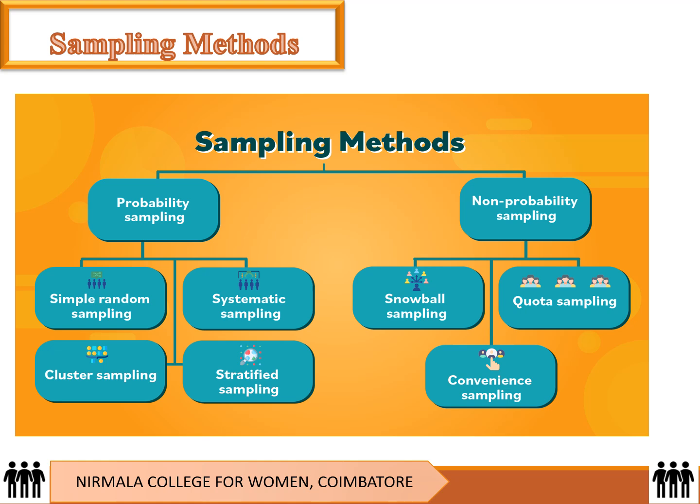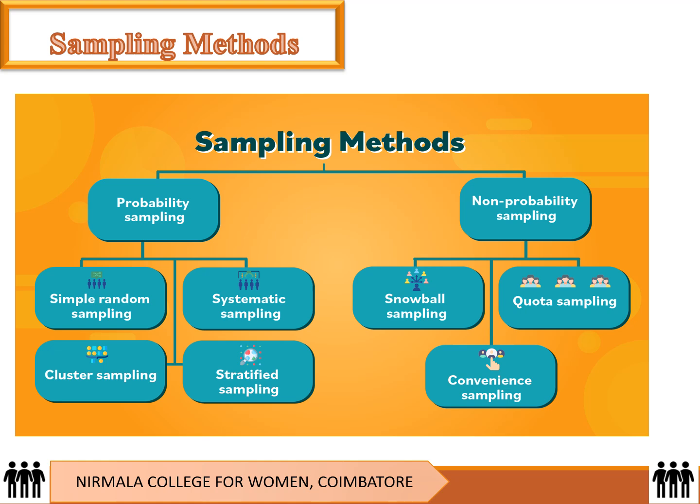Non-probability sampling is a technique in which the researcher selects the sample based on subjective judgment rather than random selection. So in this method, not all the members of the population have a chance to participate in the study.